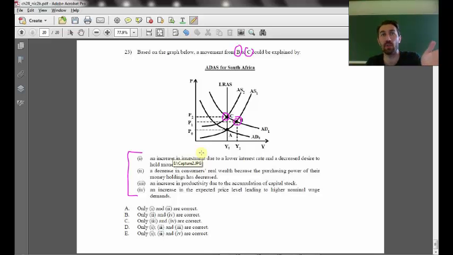It's decreasing real money supply. Remember, real money supply is M over P. P is going up. What's happening to M over P? Going down. If real money supply is going down in our money market, real money supply would be shifting to the left. What would be happening to interest rates? They'd be going up. So if anything, are we going to have a lower interest rate? Unlikely. We're not likely to have an increase in investment. So number one's looking pretty poor as a choice.